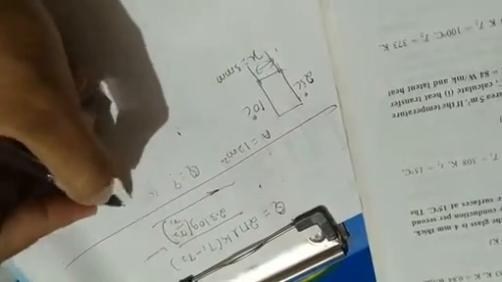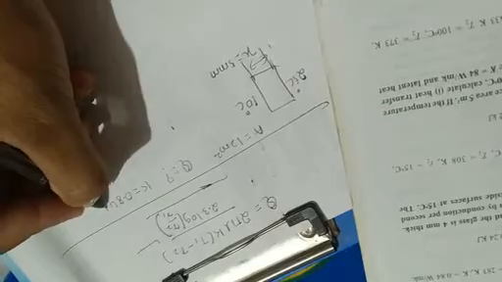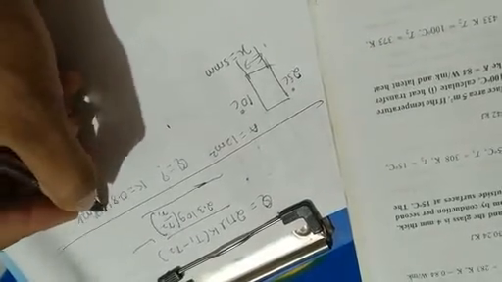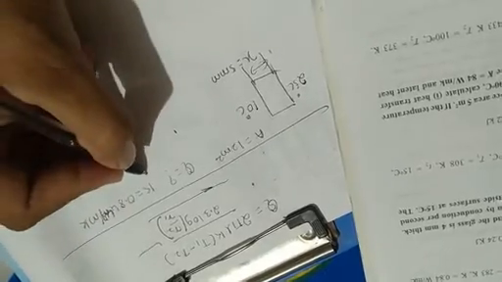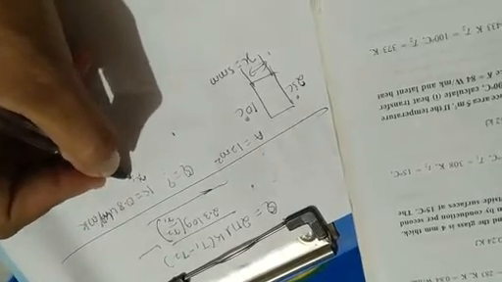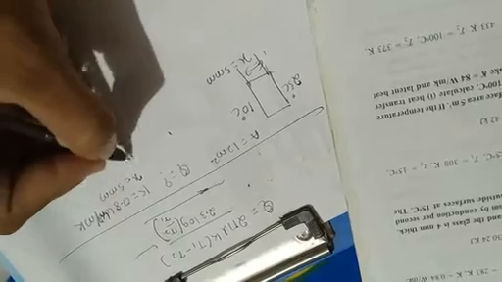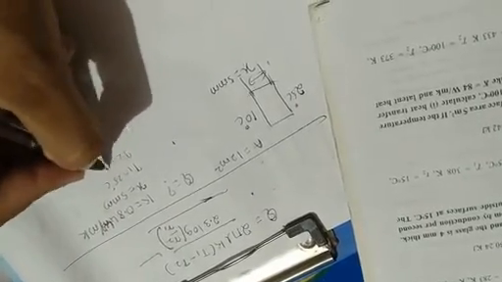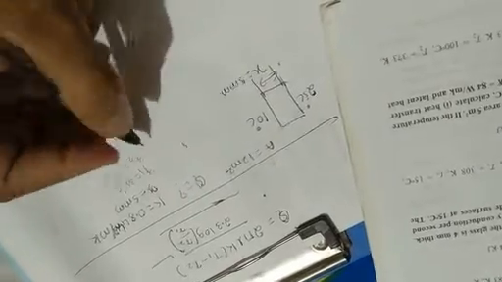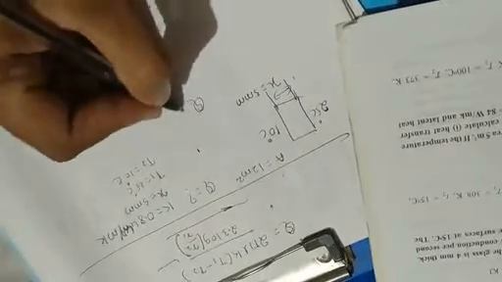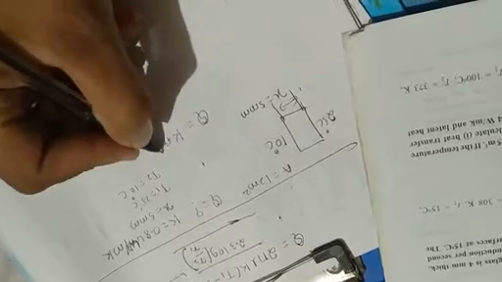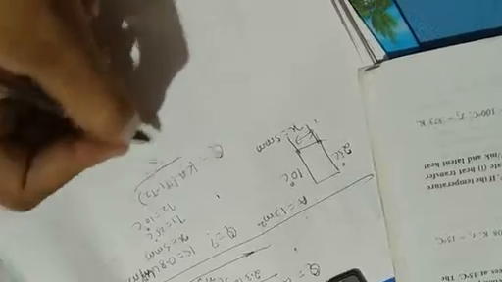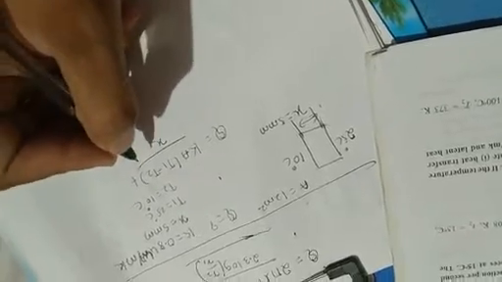K value is 0.84 watt per meter Kelvin, x is 5 millimeter, T1 is 25 degree Celsius, T2 is 10 degree Celsius. So directly we write the expression Q equals K A (T1 minus T2) t divided by x.